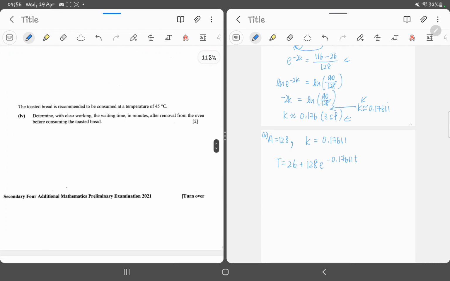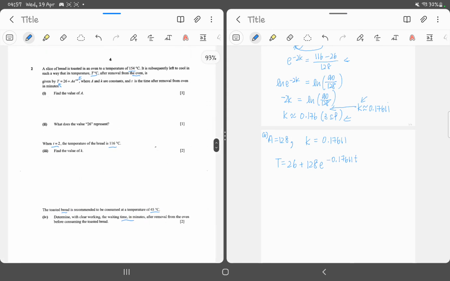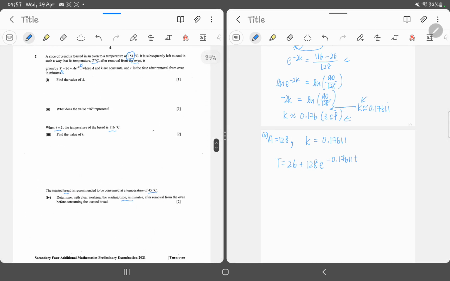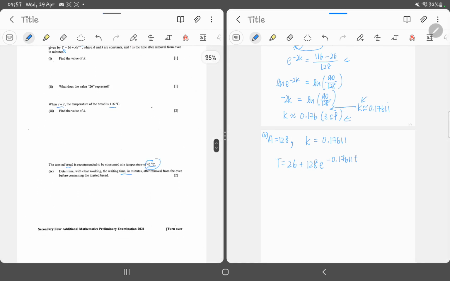Okay, so let's recap part 4 again. We are given the recommended temperature of the bread to be 45 degrees Celsius, and we need to find the waiting time in order for the temperature to drop from 154 degrees Celsius to 45 degrees Celsius. So we just have to solve for this t, the time here, and we are done with part 4.